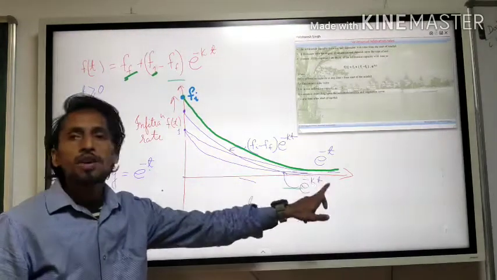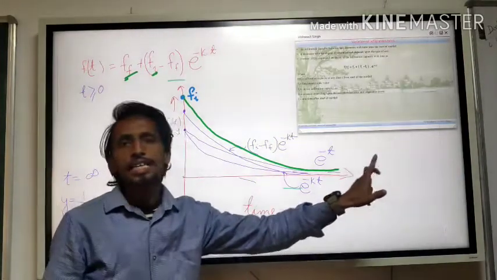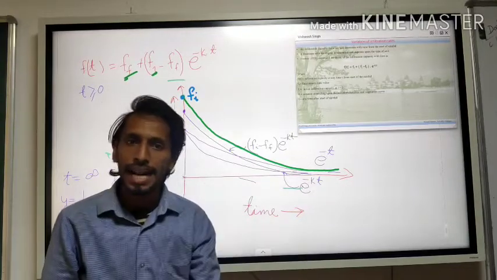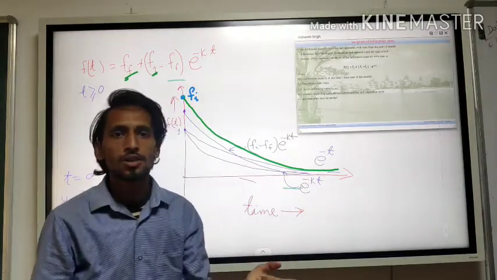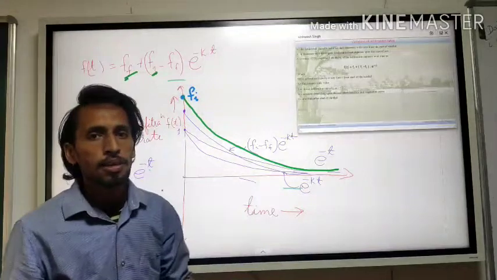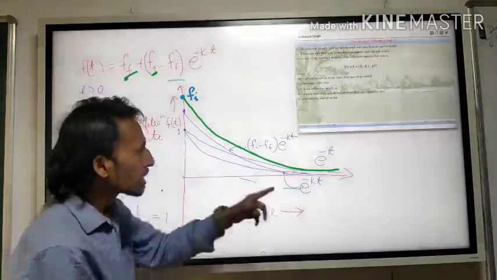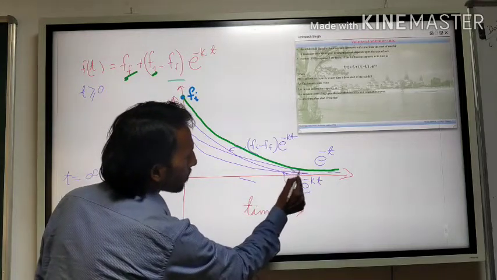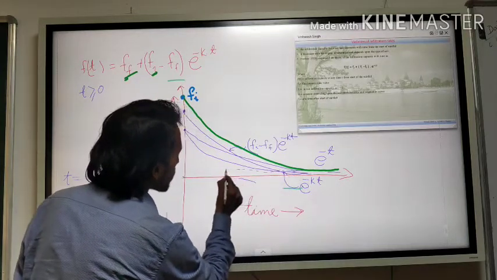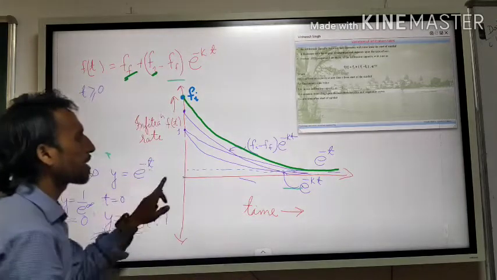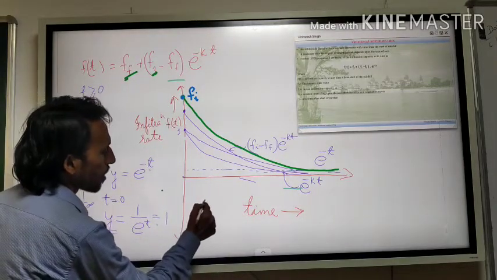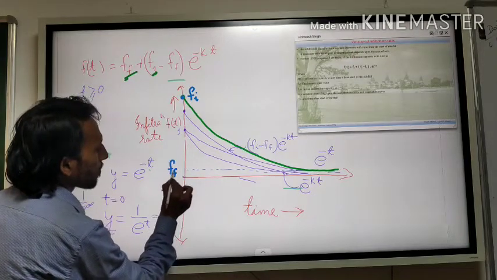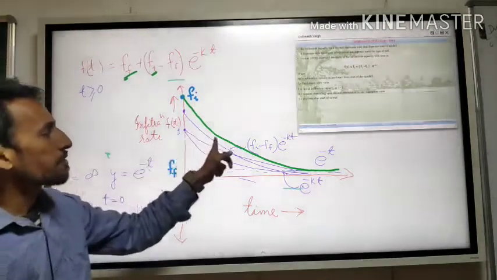And the curve is going constantly towards Ff, but not reaching it at infinite time, because infinity cannot be described. So this final value is nothing but your Ff. Okay, so this is the final curve.